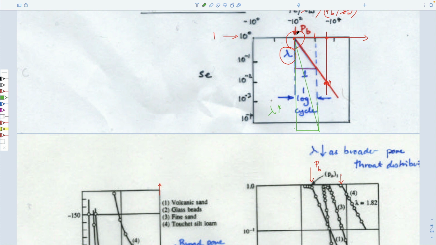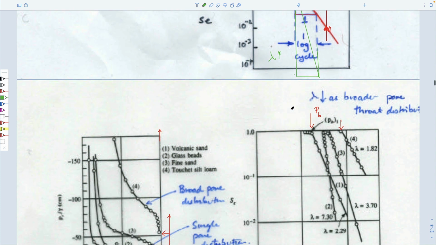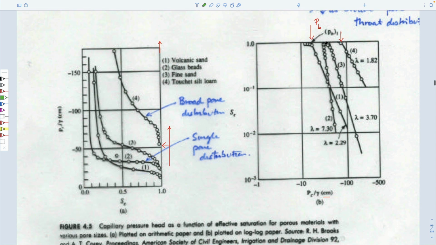Physically, what that means is as soon as you invade into the biggest pore throat that you get, all of a sudden it wants to invade the rest of your porous medium. And so you'd think that a very steep value of this curve, such as number 2 here, which we talked about before, would represent a very flat response in terms of this capillary pressure curve here.